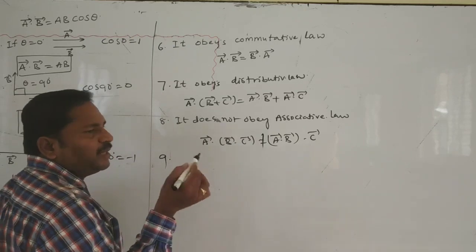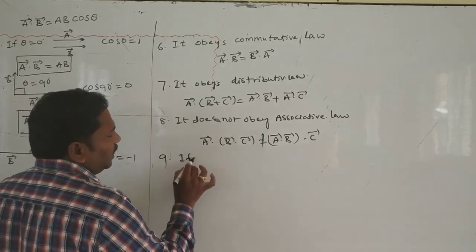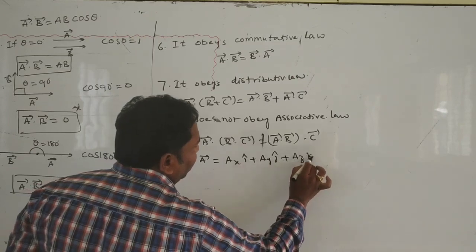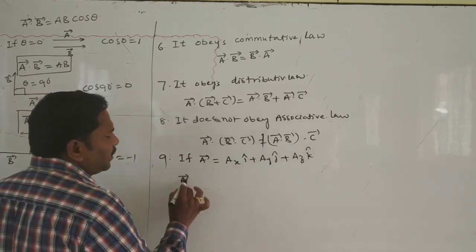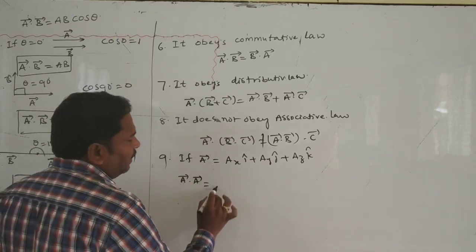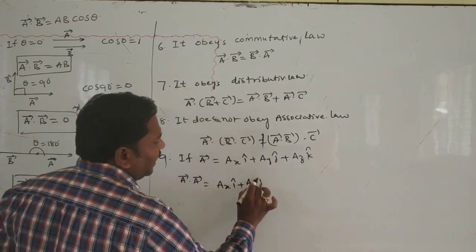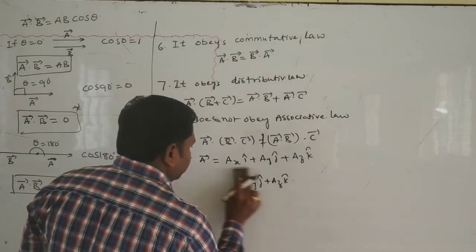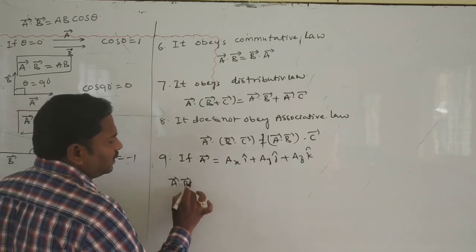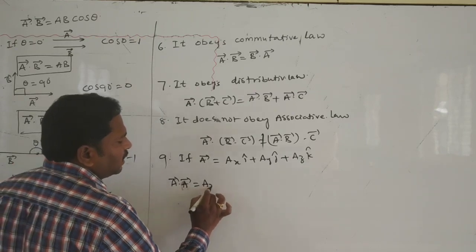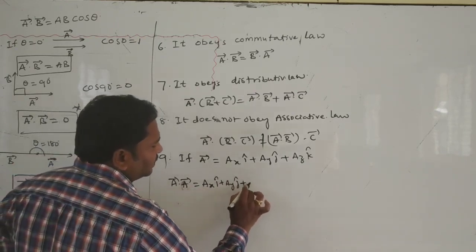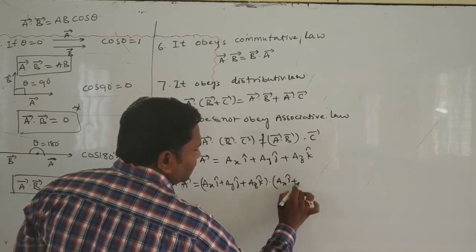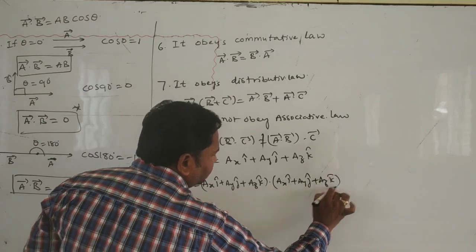If a vector is multiplied with itself, if a bar is equal to Ax i cap plus Ay j cap plus Az k cap, then what is its dot product a bar dot a bar? a bar dot a bar equals Ax i cap plus Ay j cap plus Az k cap multiplied with Ax i cap plus Ay j cap plus Az k cap.